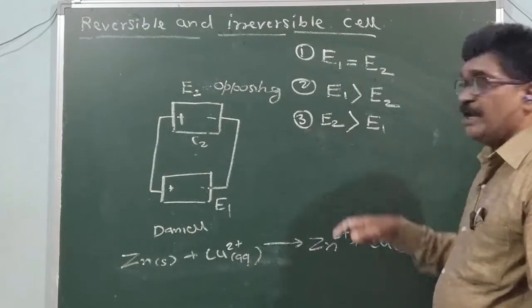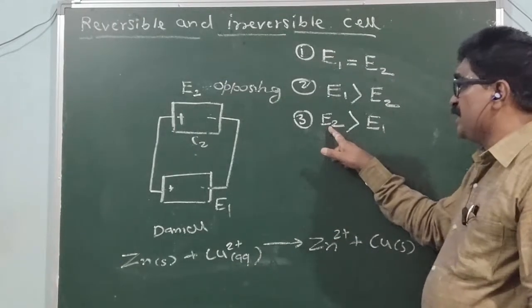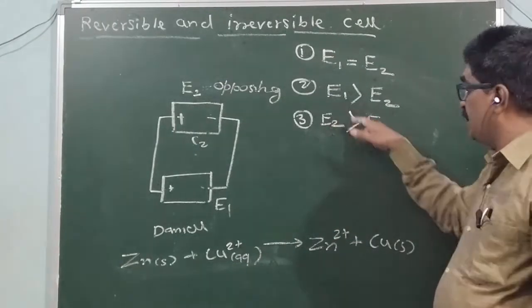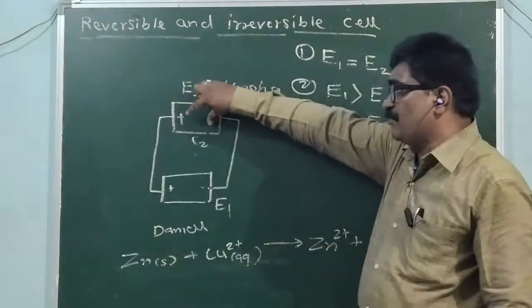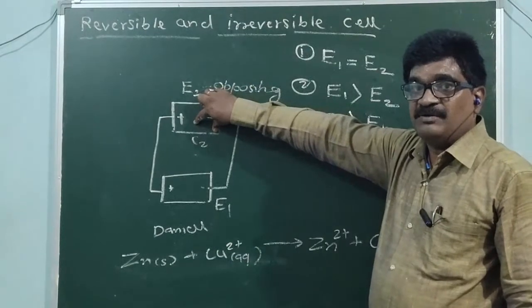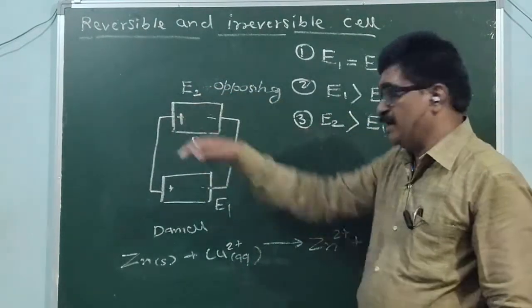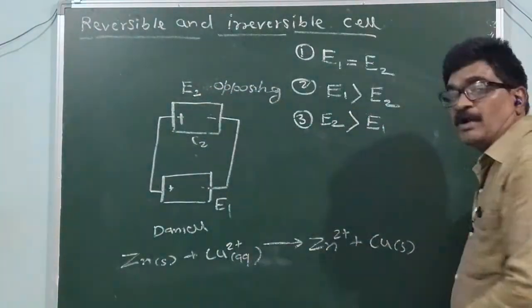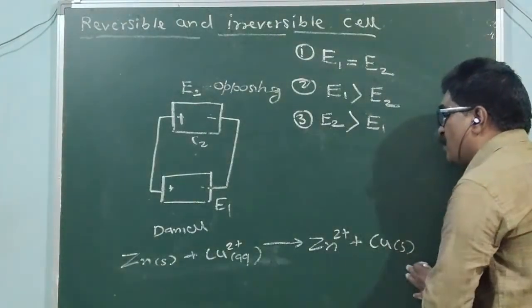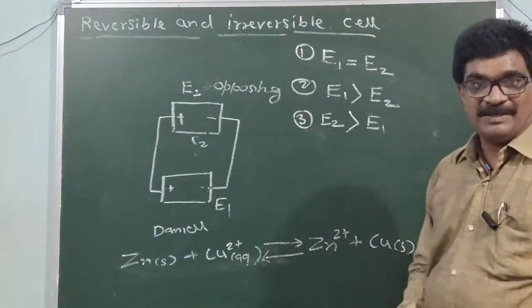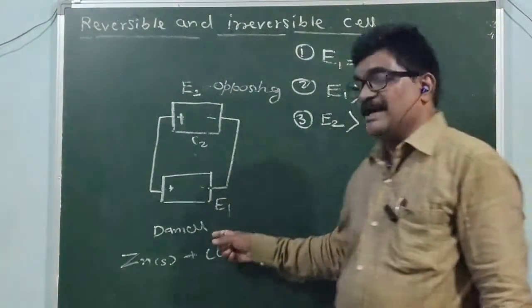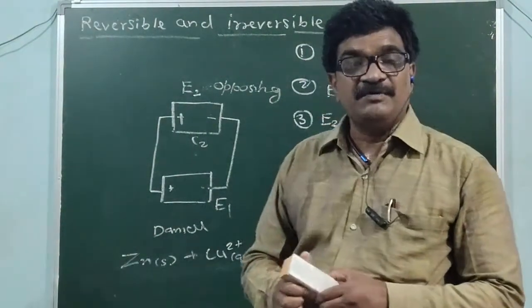Now in the third case, if the opposing EMF, that is E2, is greater than E1, then what happens? This cell now takes command, and this cell will try to flow the electrons into the circuit, and in doing so the forward cell reaction of this cell gets reversed. That is why the Daniell cell is called a reversible cell.